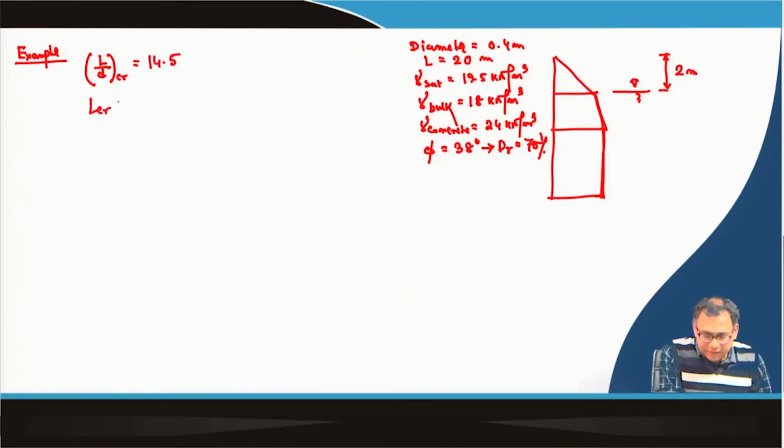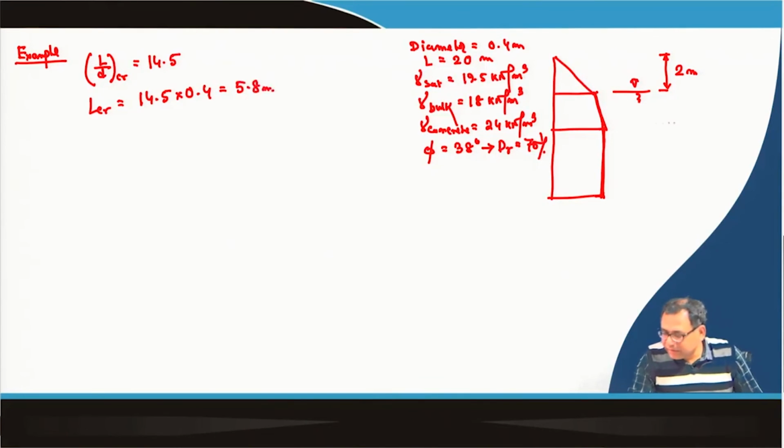So, L critical will be 14.5 into 0.4, which will be 5.8 meter. So, critical will be up to this, 5.8 meter. That means the distribution will be something like that, and then there will be uniform.